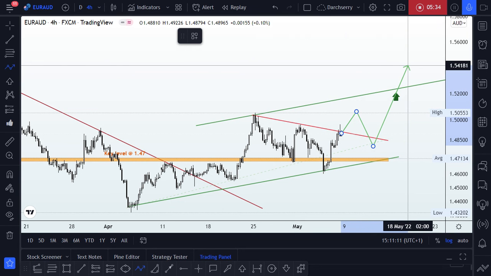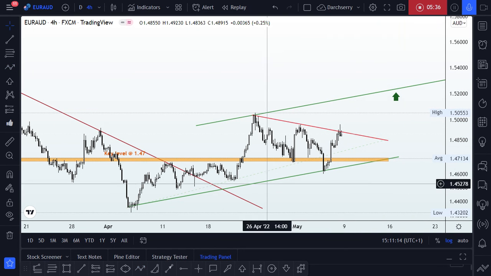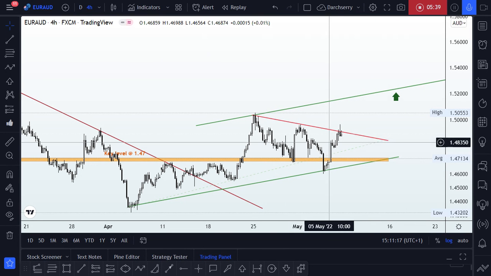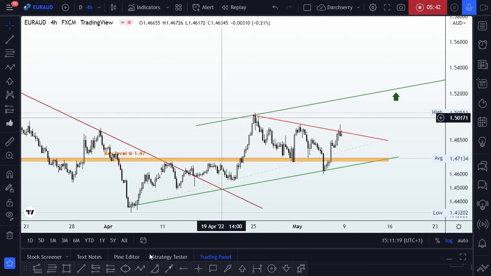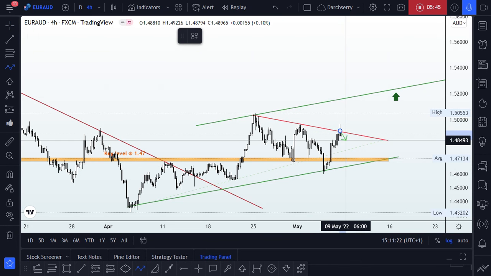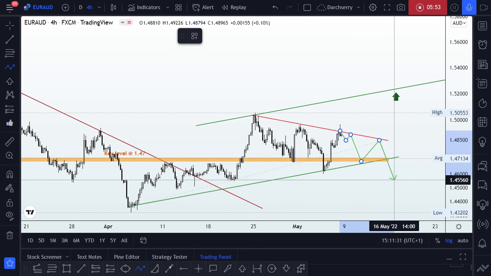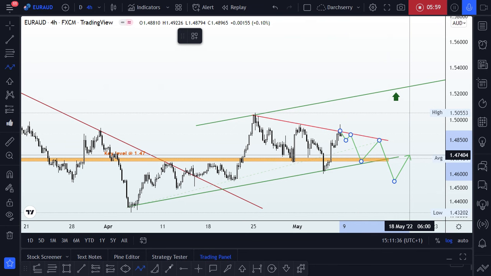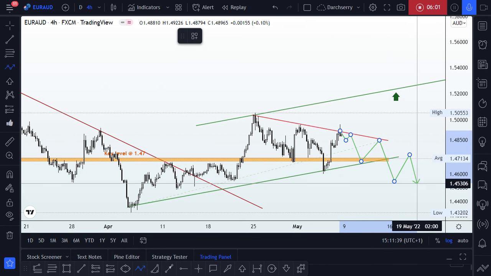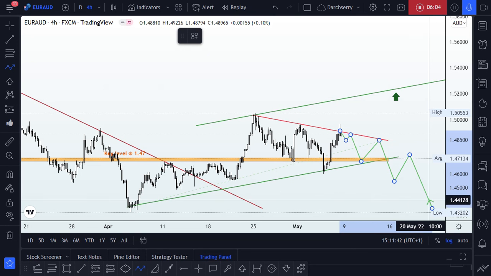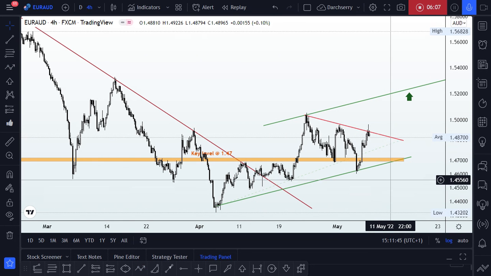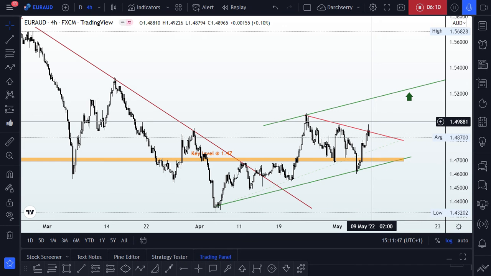Or we might be looking forward to a continuous rejection of this bearish trend line, a breakdown of the first dotted line, a retest into that trend line, then a breakdown of the key level and also the bullish trend line, after which a confirmation, a retest of structure, could give us confirmation of a trend continuation to the downside. So for me personally, I'll be leaning towards a downtrend continuation, considering the fact that we've been on a long-term bearish momentum on the Euro AUD.